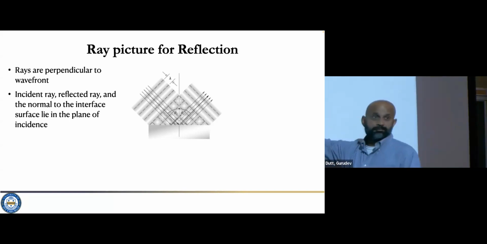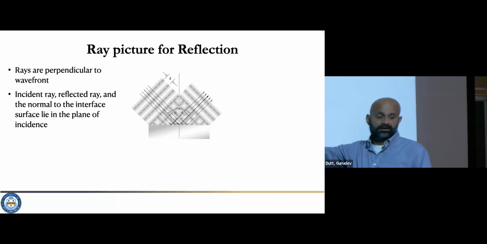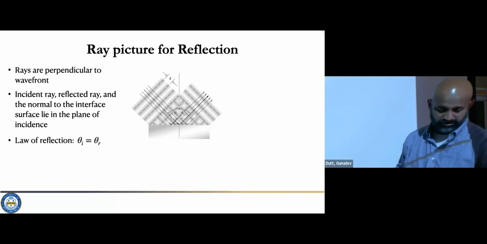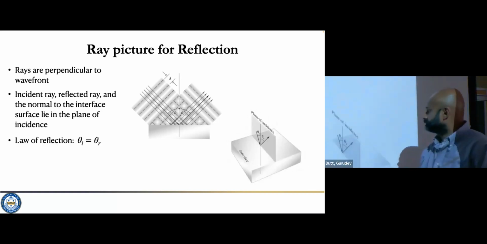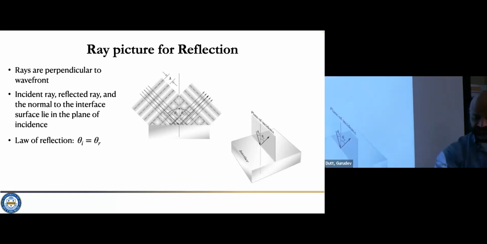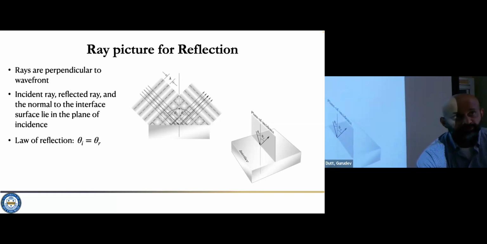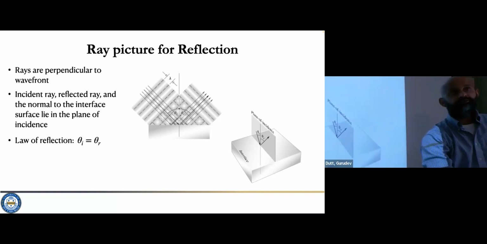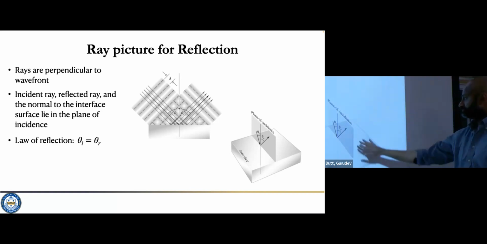In this case, the plane of incidence is simply our screen over here, but you can draw it in 3 dimensions. For example, like this over here. Okay. So here is the interface. Imagine this were our surface over here. The normal to the surface would be going up, right? And if I had an incident beam like this and a reflected beam like this, they would have to lie in the same plane, cutting through the surface, which is what is drawn over here.